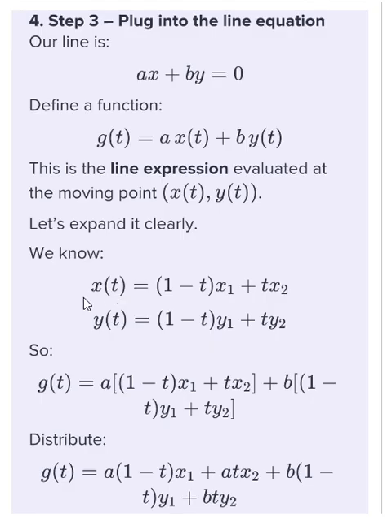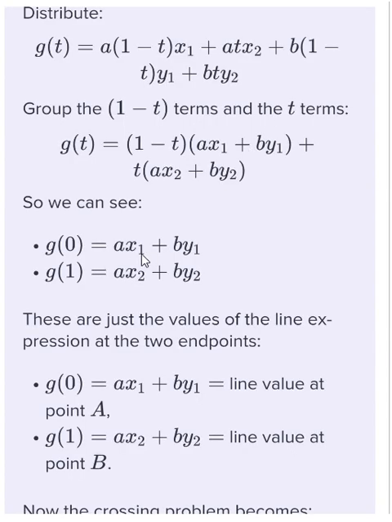Here, I'm going to create x of t and y of t like this, and I can write the parametric equation g of t equal to (1 minus t) times x1 plus t times x2, like that I'm going to create a parametric line equation. This is linear, and it is continuous in the closed interval [0, 1], and g of 0 is equal to x1 plus b y1.